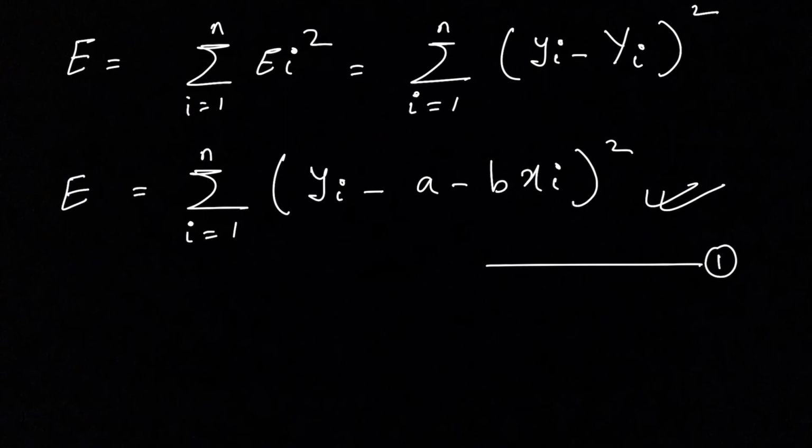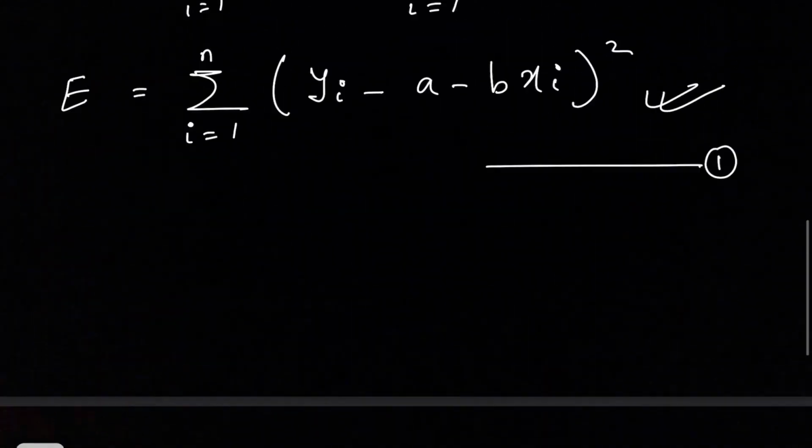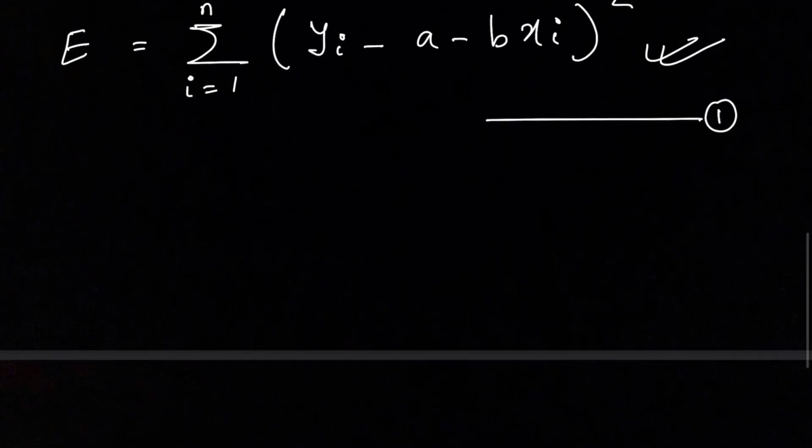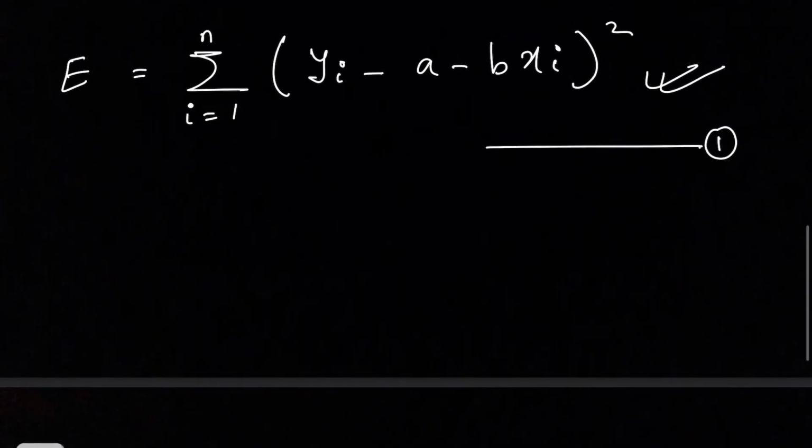Now let's do one thing. We will be trying to minimize this sum of squares, the error squares. So for that reason we'll take the derivative, that is del E by del a.